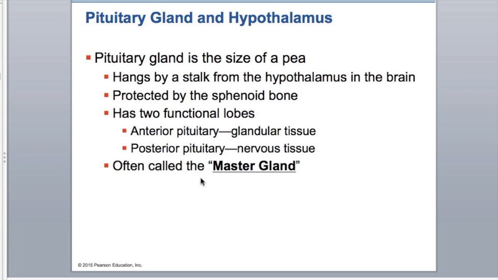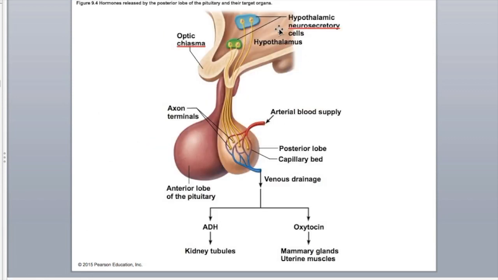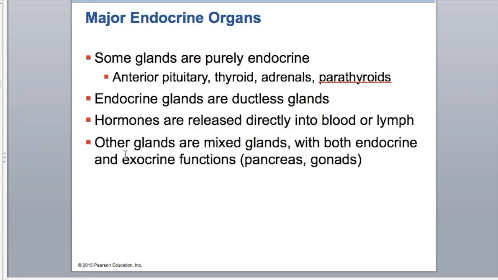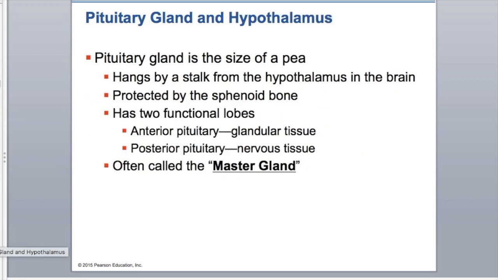The pituitary hangs from the hypothalamus by a stalk. It's protected by the sphenoid bone. So here's your hypothalamus. Here is your anterior pituitary, your posterior pituitary, and it all sits below the cross bridges for the optic chiasma.